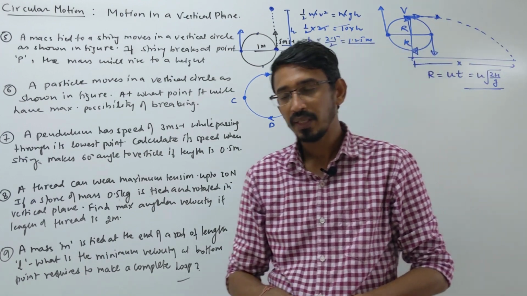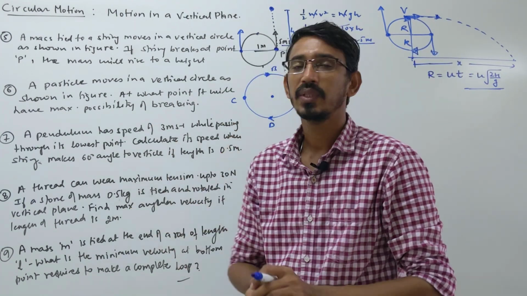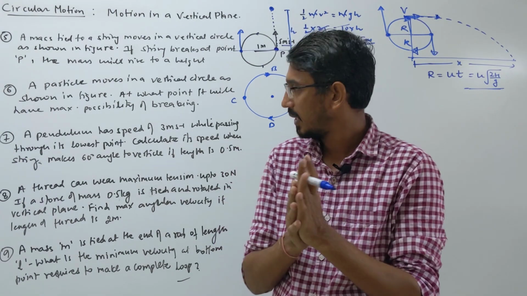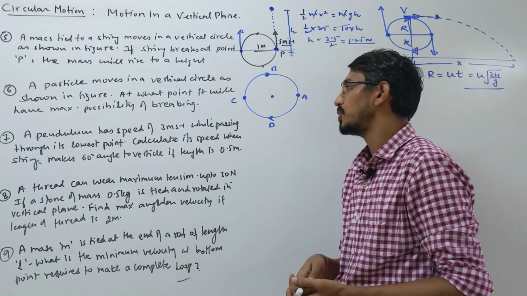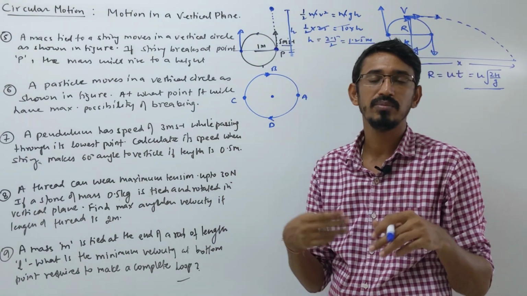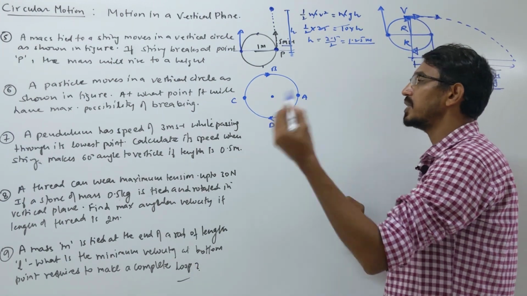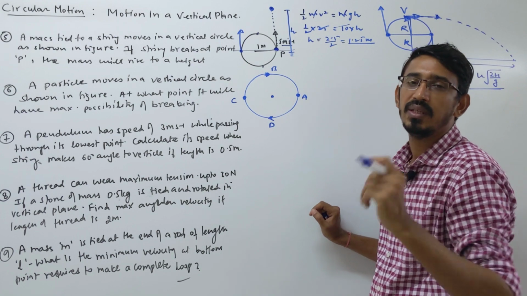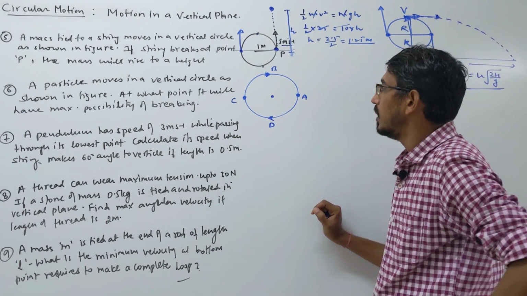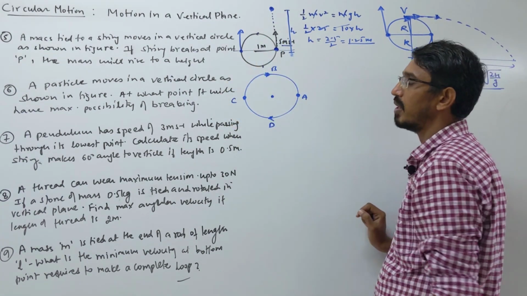The string will break when the tension is more than the string can hold. So at the point where the tension is maximum, there is the greatest breaking possibility. Among these 4 points, at what point do we have maximum tension?